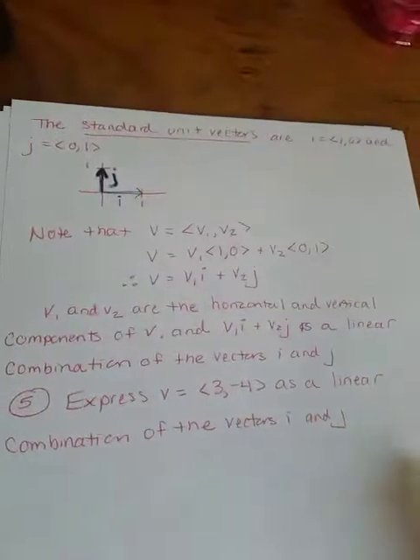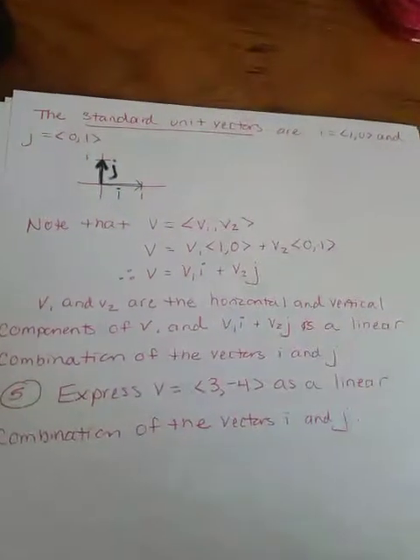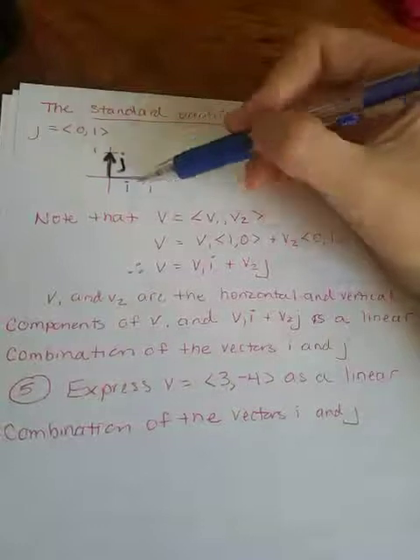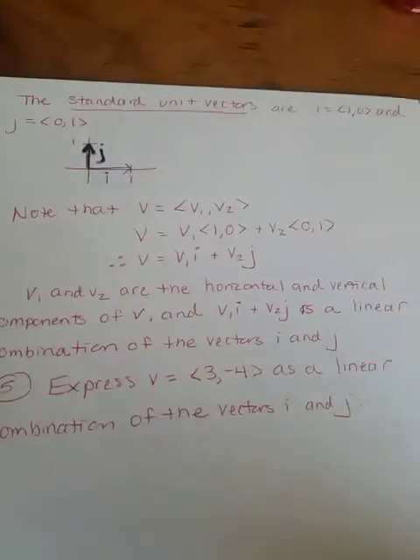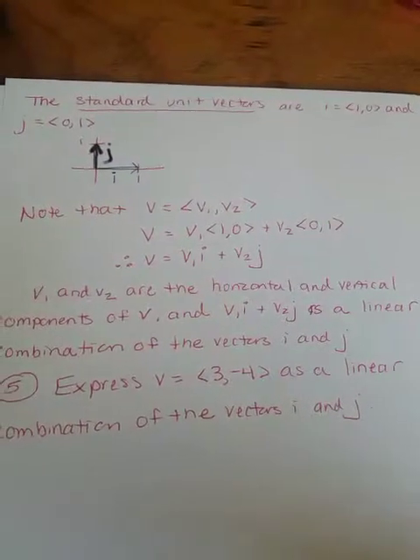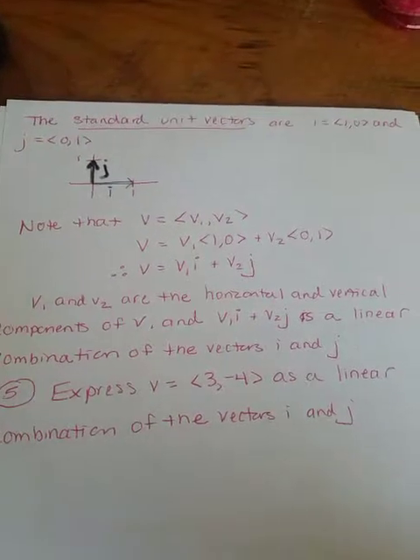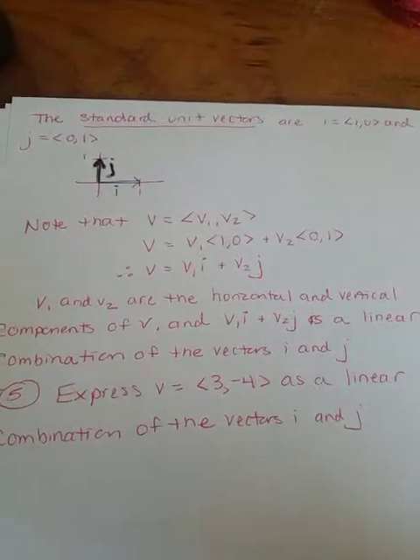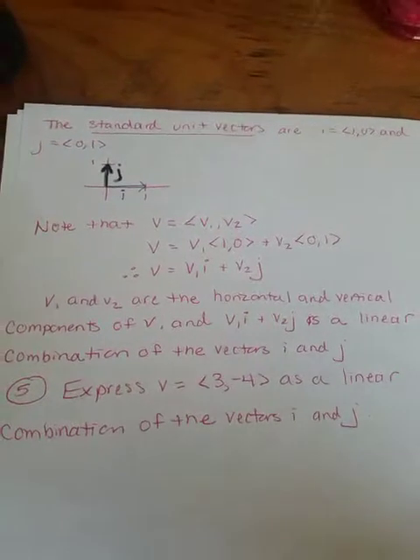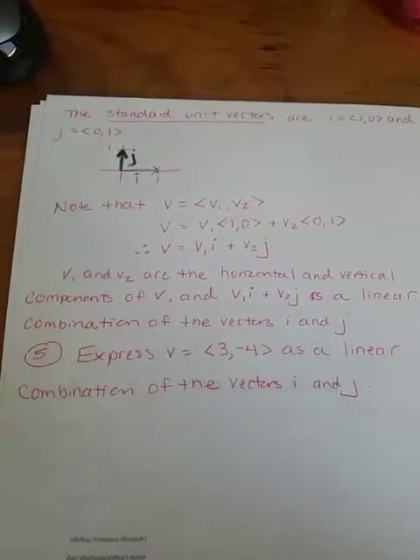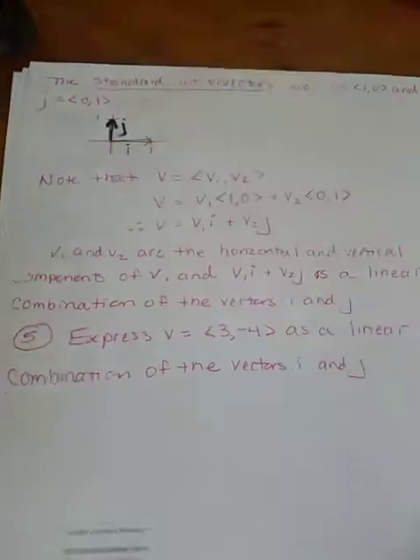Just as a note, v sub 1 and v sub 2 are the horizontal and vertical components, of v. And v sub 1 i plus v sub 2 j is a linear combination of the vectors i and j. So that's another way we could word it for you. So number 5, express the vector ⟨3, -4⟩ as a linear combination of the vectors i and j.